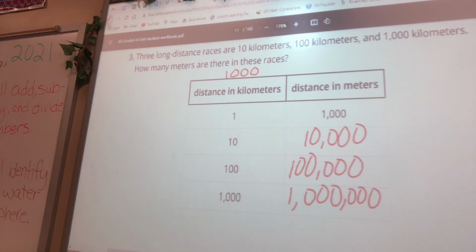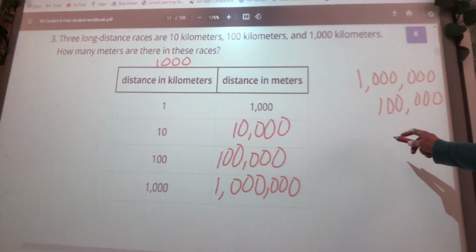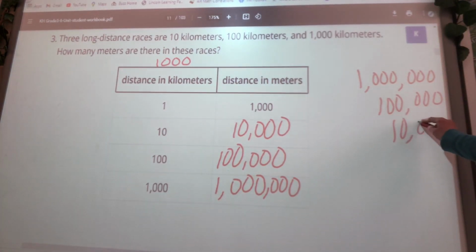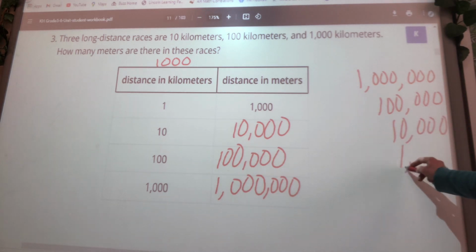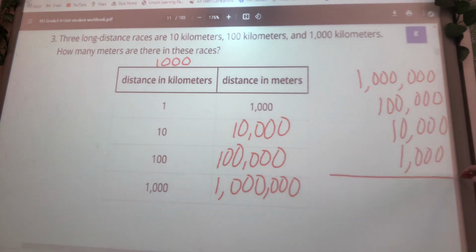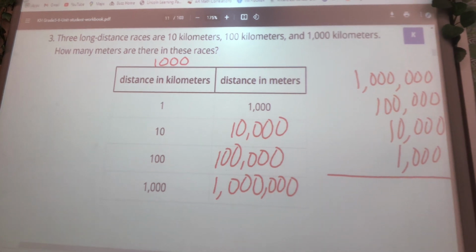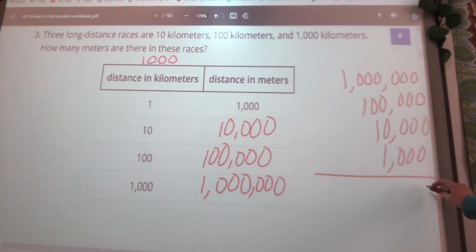All right, now, so what is the distance? How many meters is this? Well, we have 1 million. We have 100,000. We have 10,000. And we have 1,000. Okay, and then we just add all the way down.